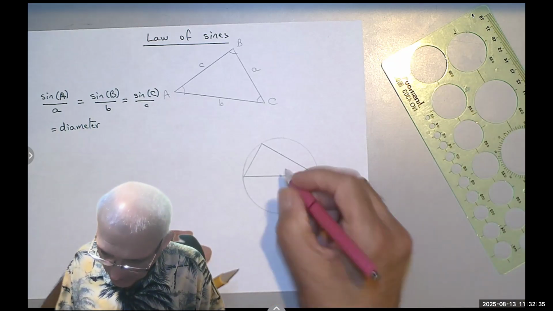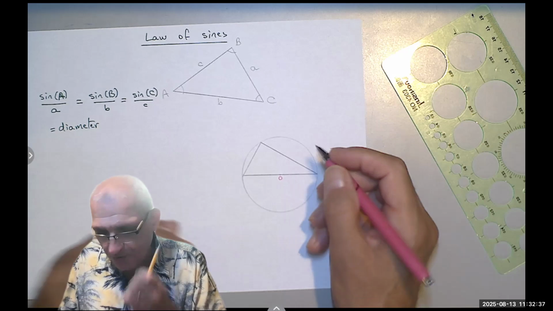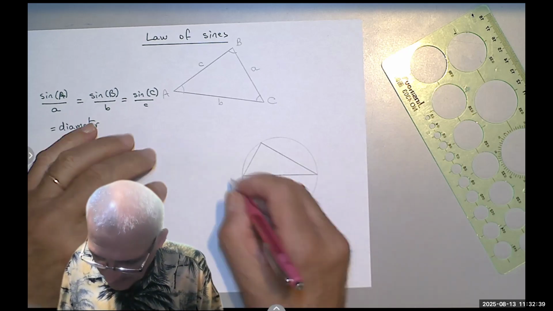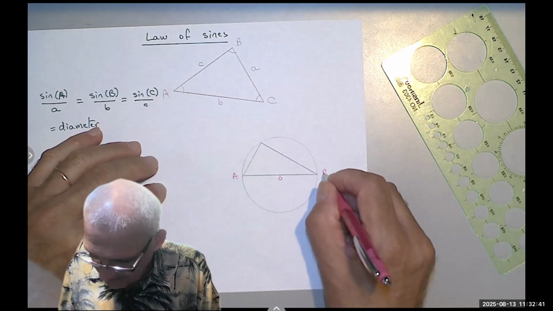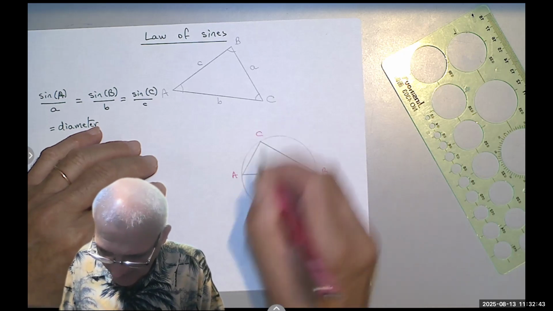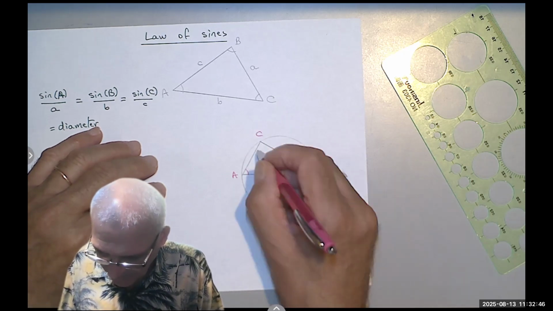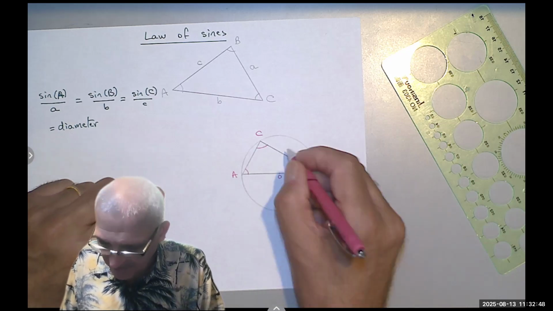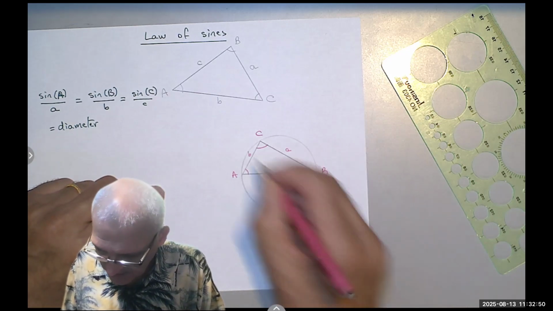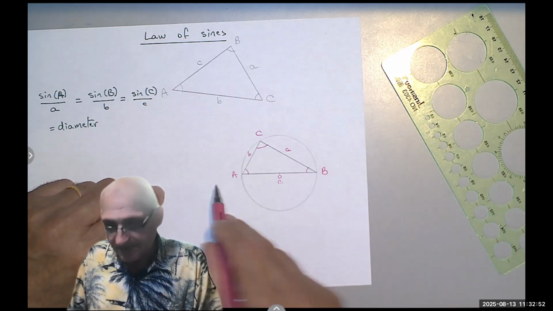So we know that the angles are A, B, C, and the opposite sides would be a, b, c. You know c is the diameter, right?